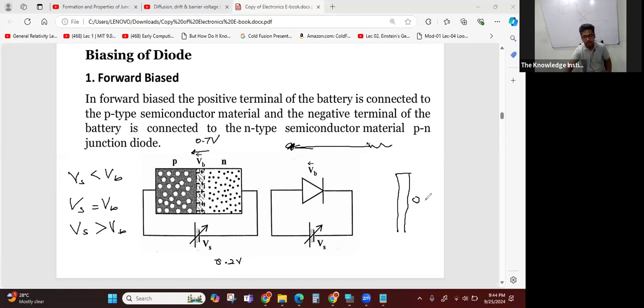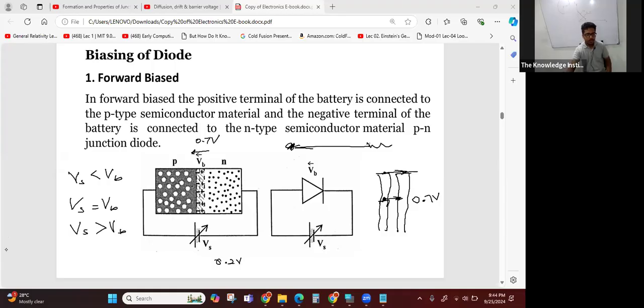This wall has a height of 0.7 volt. Now this side has applied 0.2 volt. So the charge here cannot go through because the energy is not enough. In order to move, it has to be given a minimum of 0.7 volt. Then only this electron can move from this side, right?